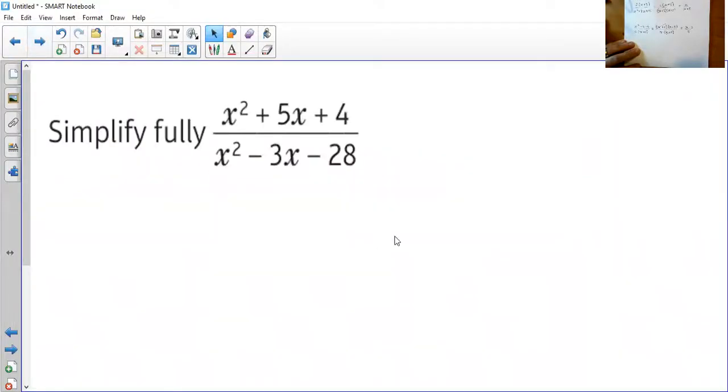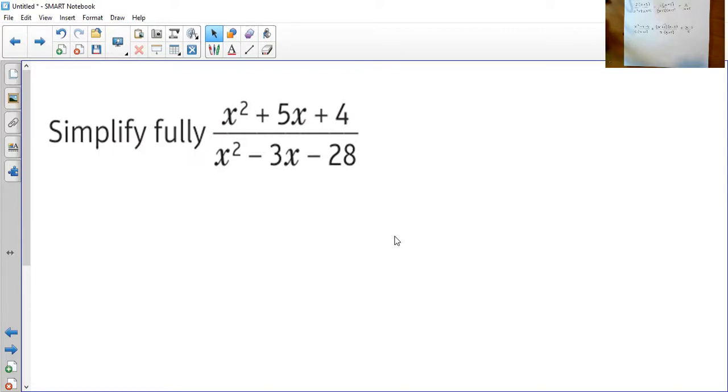So on this question, you need to factorize both the numerator and the denominator. So I would suggest starting with the numerator, as that seems to be easier to factorize. Okay, so factorize the numerator, and then one of those brackets will also be a factor of the denominator.